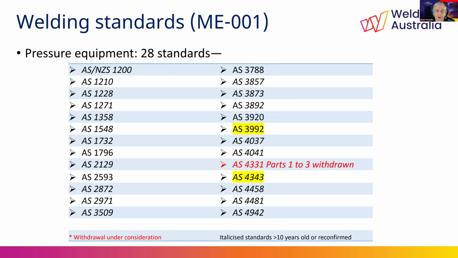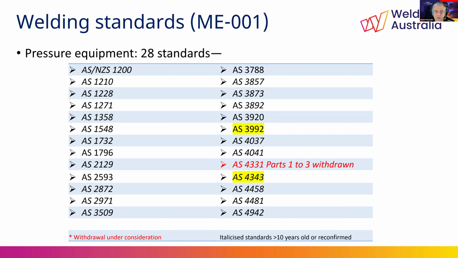Now, ME-001 are currently revising AS 4343 hazard levels, and it is due to be released for public comment in the coming months. A revision of AS 3992 has also kicked off, primarily to update welding consumables associated with brazing, and the opportunity will also be taken to clarify some remaining issues and provide options for additive manufacturing of pressure components.